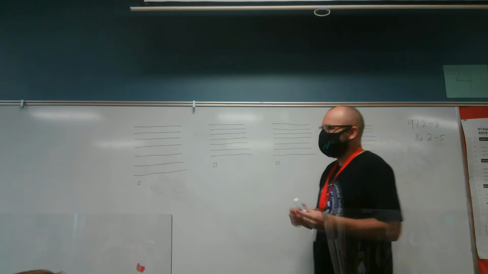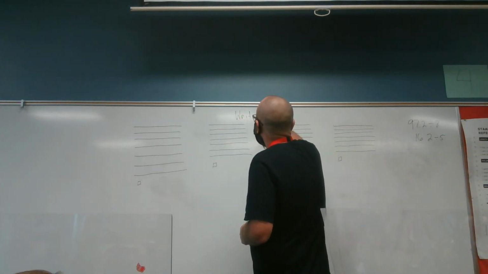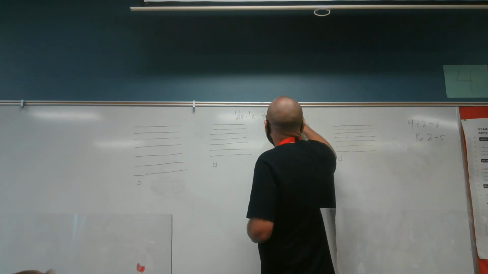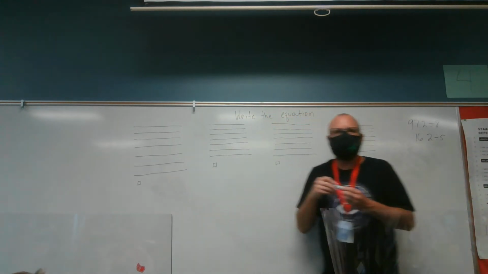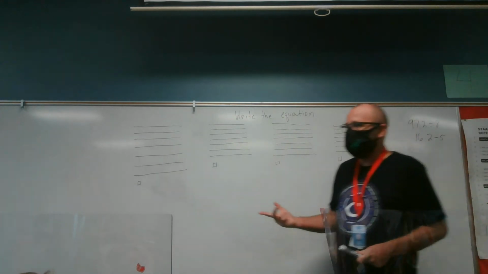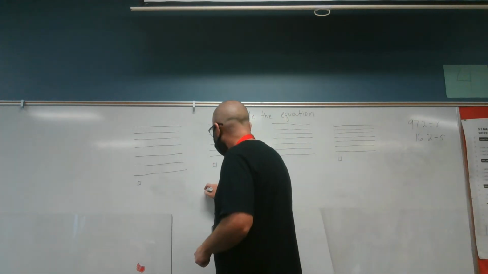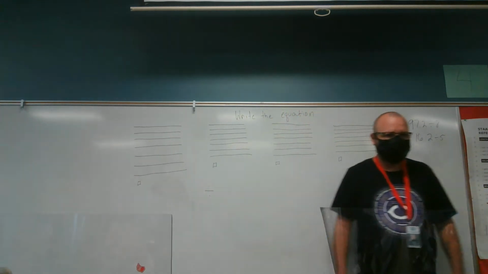Now, in this question, we need to write the equation. We are going to write the equation of what this problem is exactly doing. Well, first of all, we know this is a division problem.